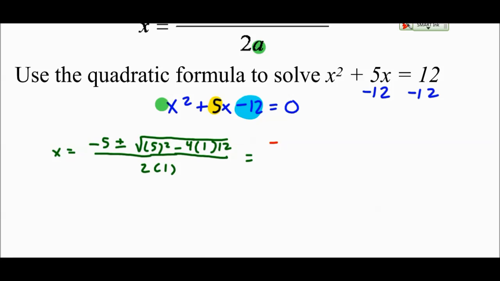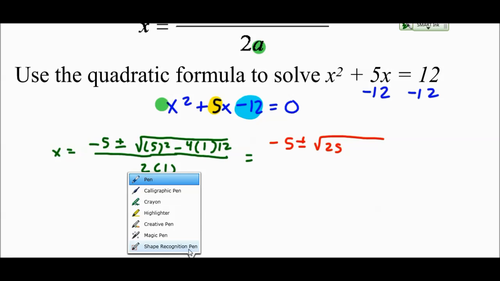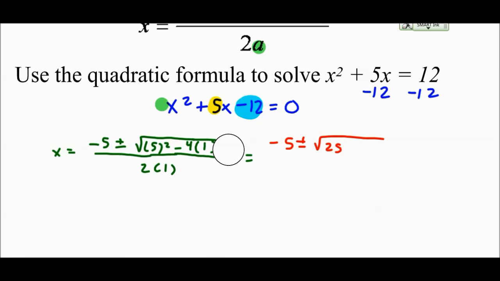So I'm going to have negative 5 plus or minus the square root. Well, 5 squared is 25, and that would be 4 times 1 times negative 12. Oops, let's fix that. Apologies, this should be negative 12. So that becomes plus 48, all over 2.